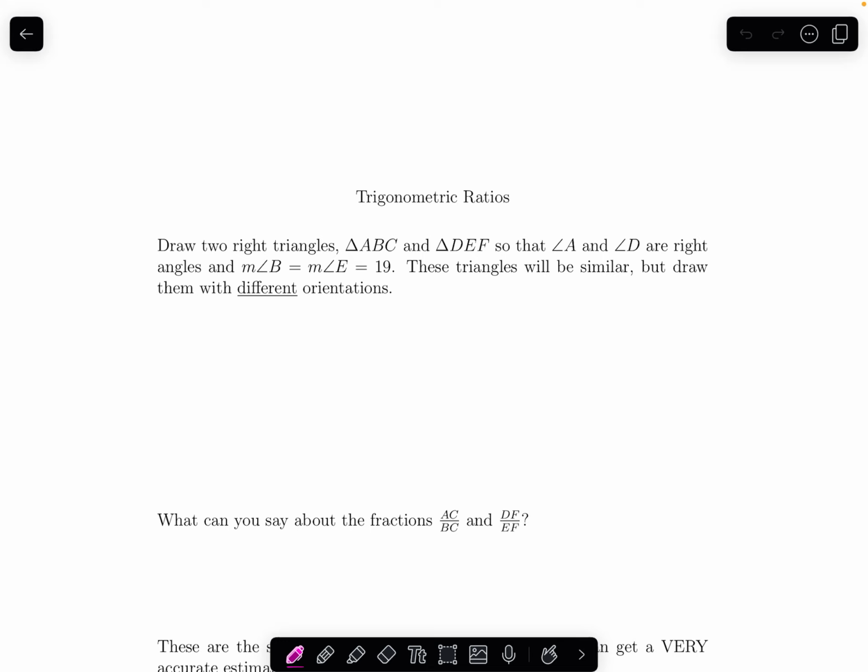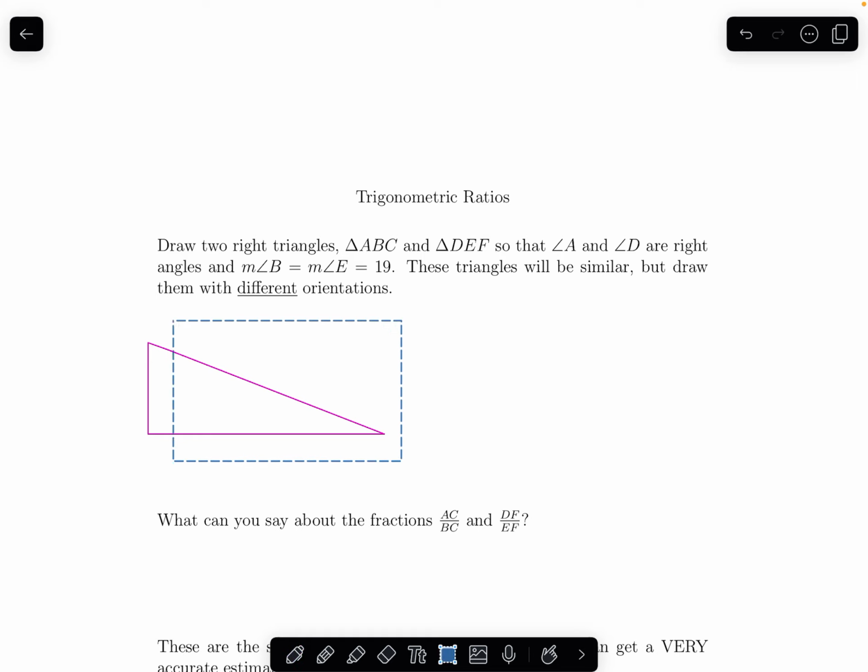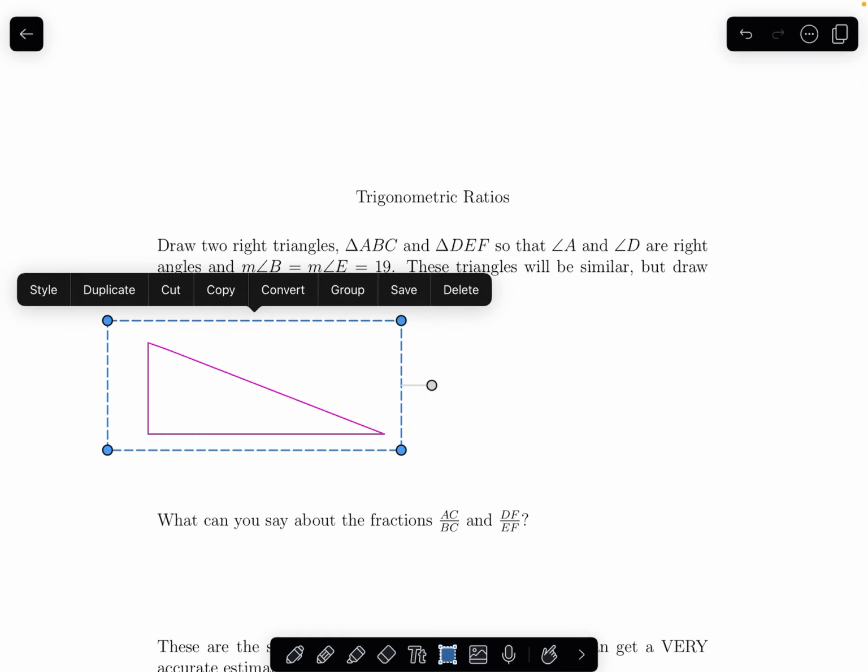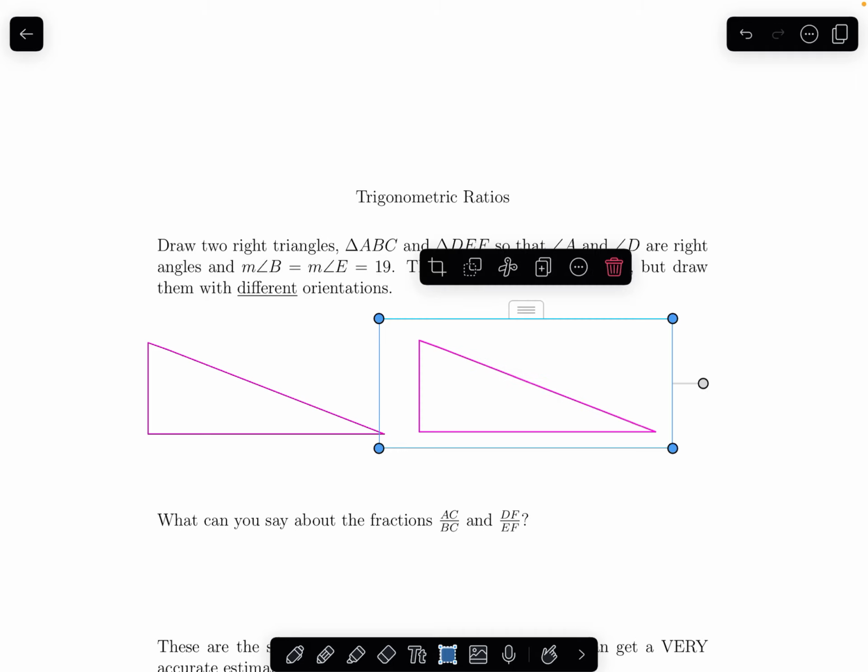So let's suppose we have a right triangle with a 19-degree angle. All right, so I will do my best to draw something that looks like it has a 19-degree angle. And let's draw another triangle that also has a 19-degree angle, but differs in size and orientation.